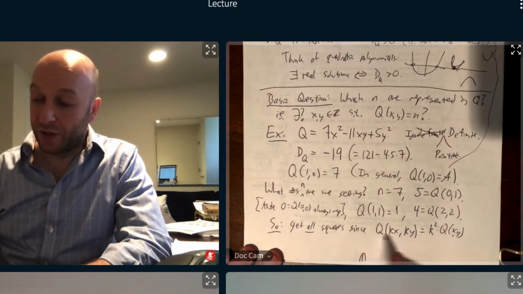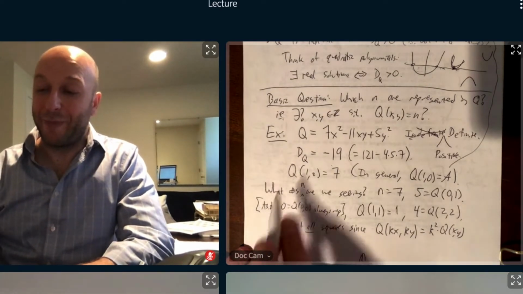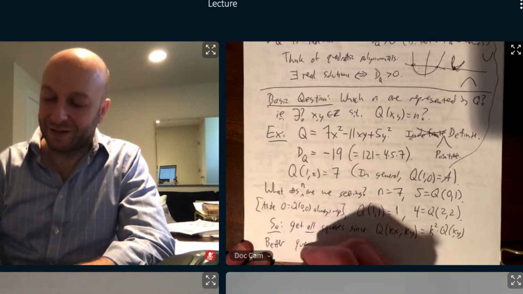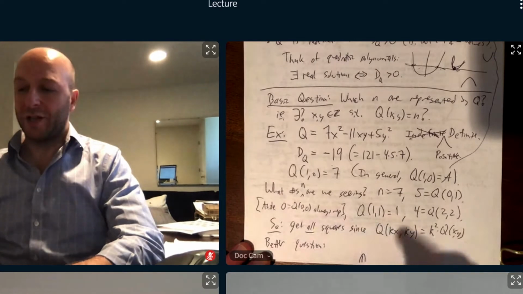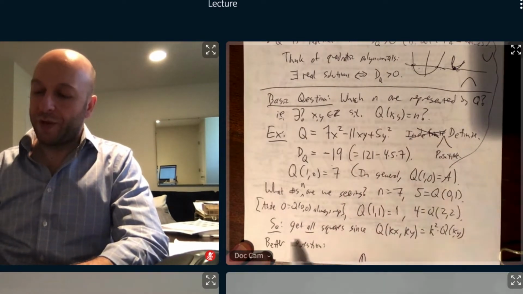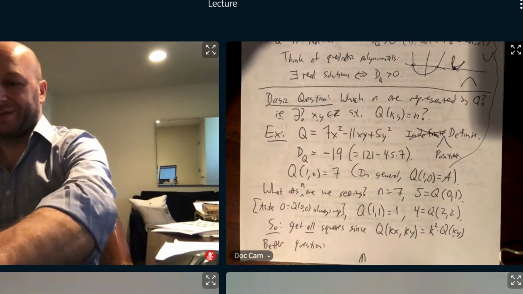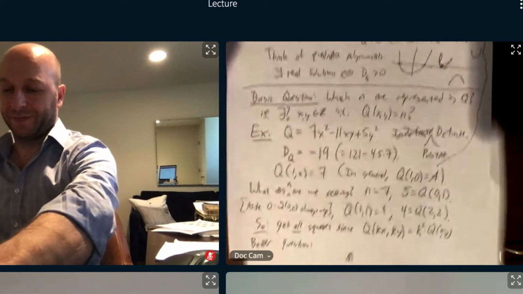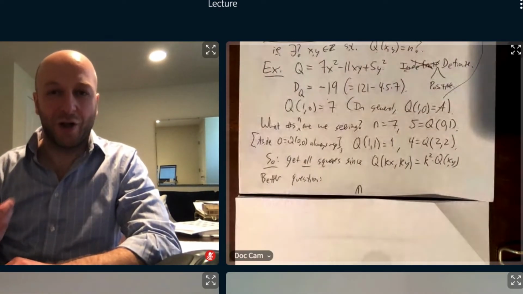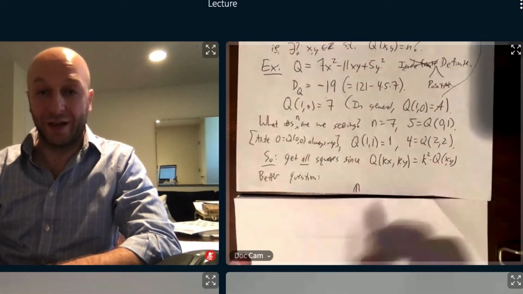Okay, so this is another, maybe a better question. Not what are all the numbers that are represented, but what are all the numbers that are primitively represented? For exactly this reason, we want to get to the real heart of the problem and avoid all kinds of silly things.